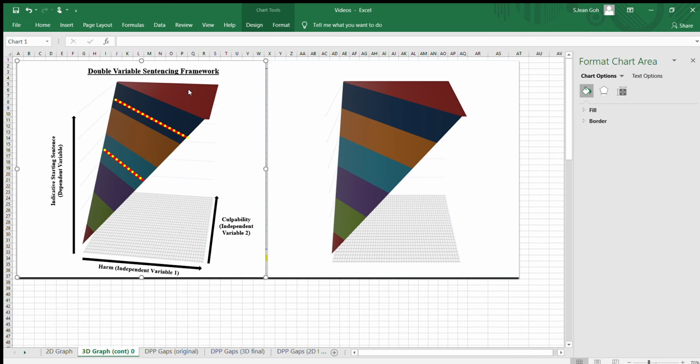The flat top is expanding to represent the fact that while either one or both independent variables tend to infinity, the indicative starting sentence remains capped at the statutorily prescribed maximum.